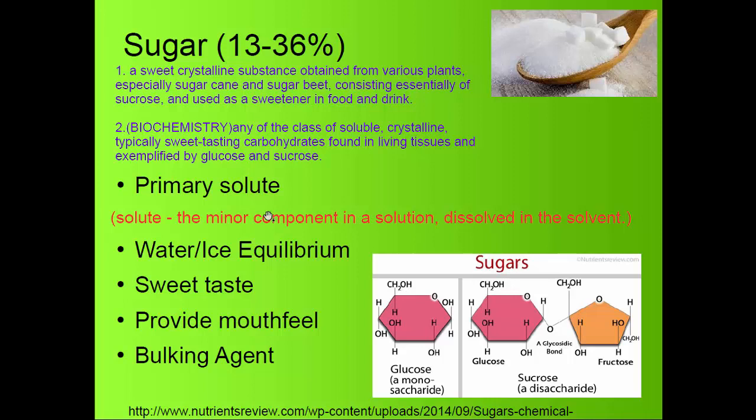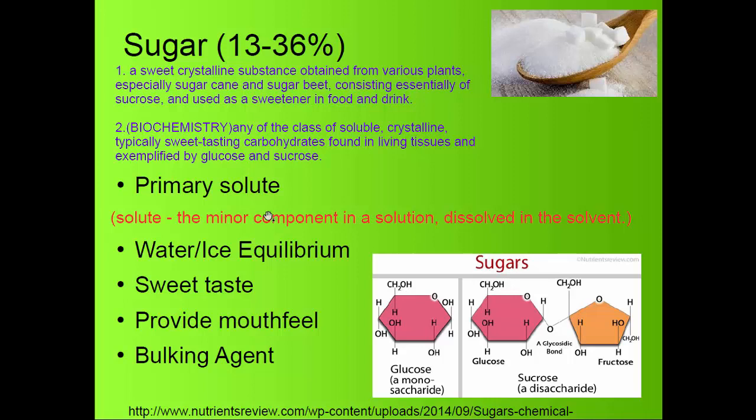In this case, it's the primary solute. So solute is the minor component in a solution dissolved in the solvent. So in this case, the solvent is water and the solute is sugar. So we have a syrup that's a fluid, and it consists of water, the solvent, and sugar, the solute.